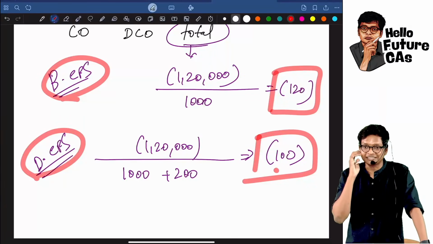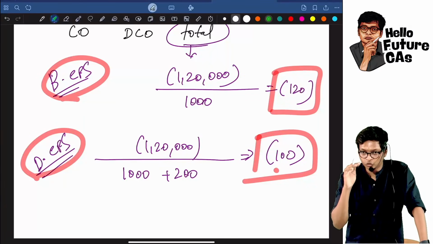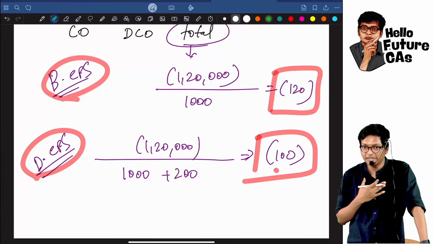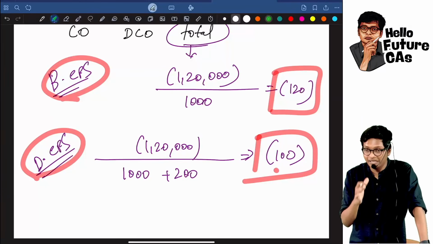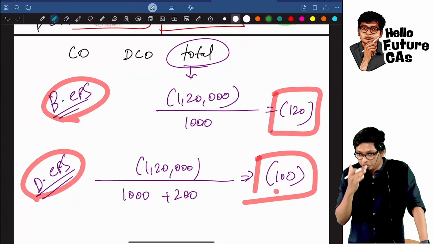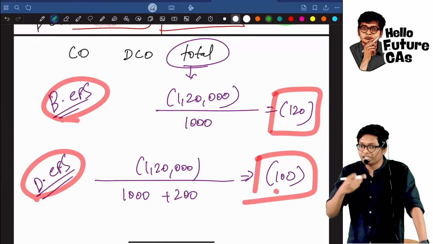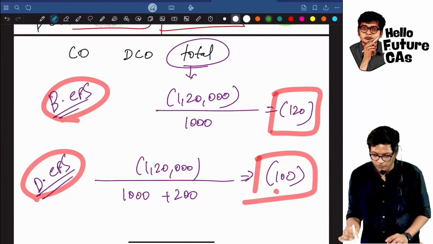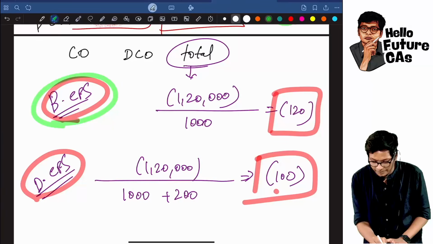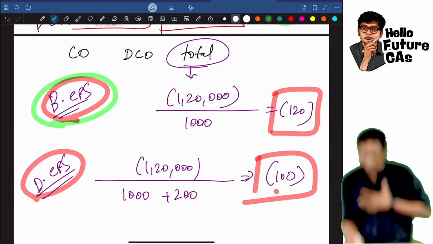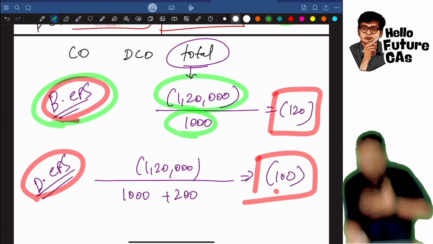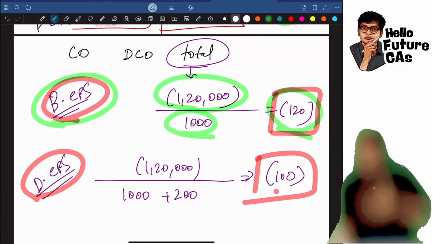You will not understand the concept over here. You should be confused over here. Now let me explain clearly, guys. One last time. The intention is to confuse you and then get the answer so that you are learning with logic. Now follow carefully. Basic EPS: I am taking the total 1,20,000 by 1000. Negative 120 is the answer.